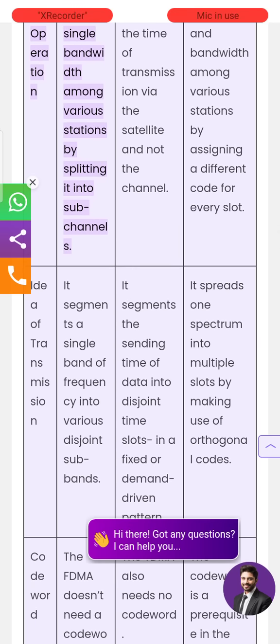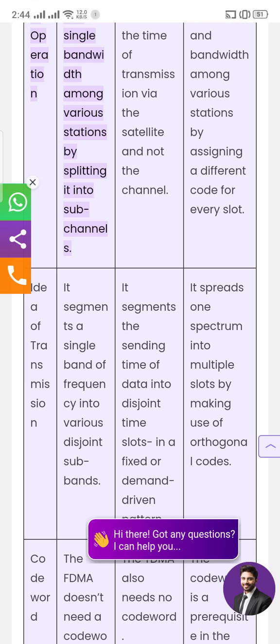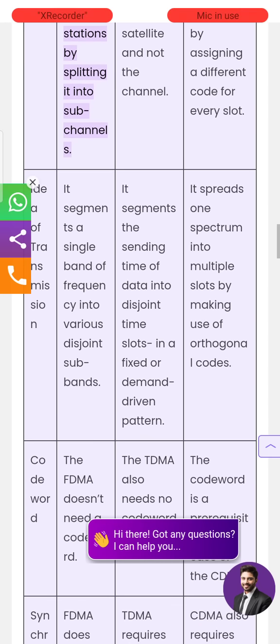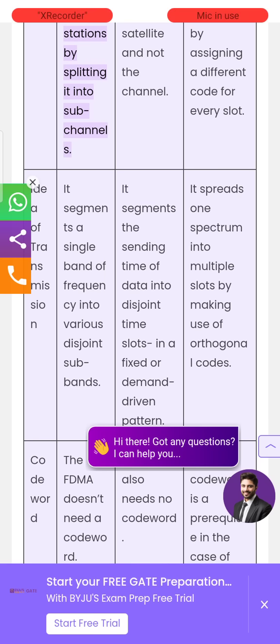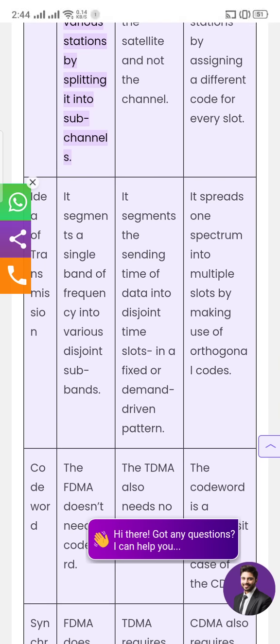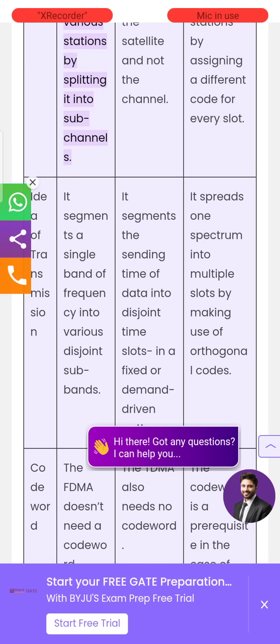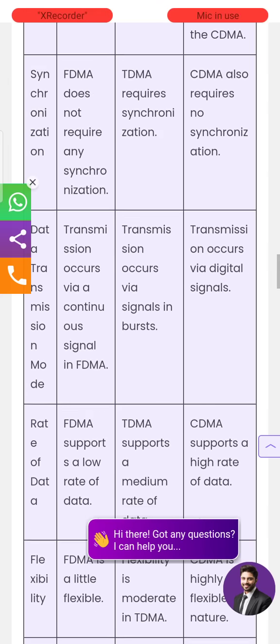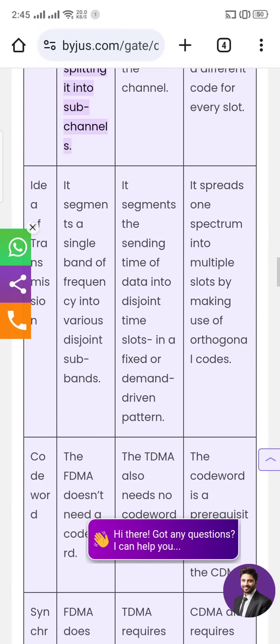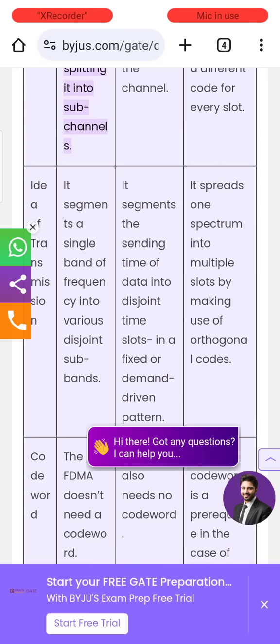It spreads its signal bandwidth into frequency bands. TDMA segments the sending time of data into adjacent time slots in a fixed or demand pattern.